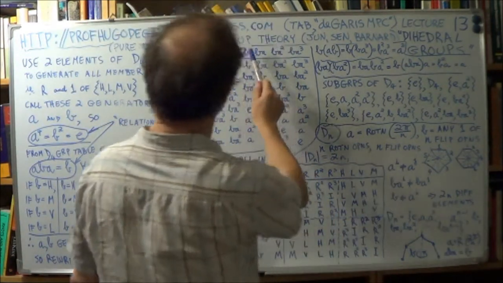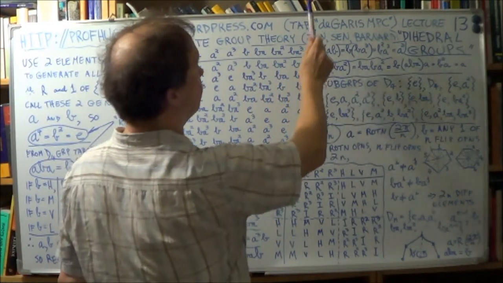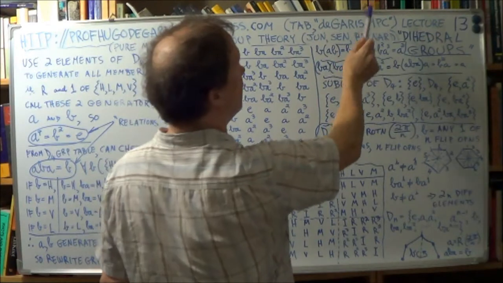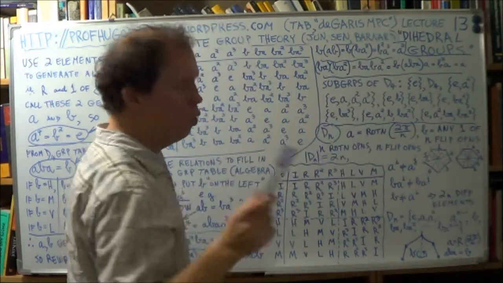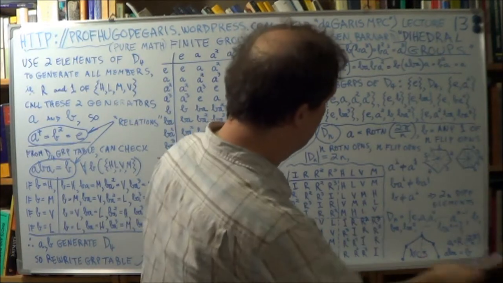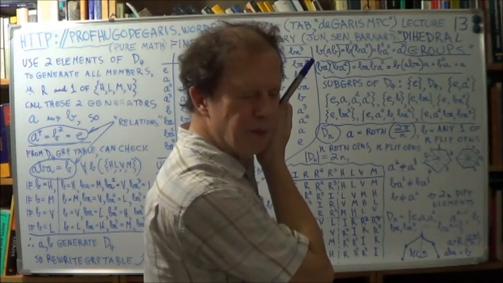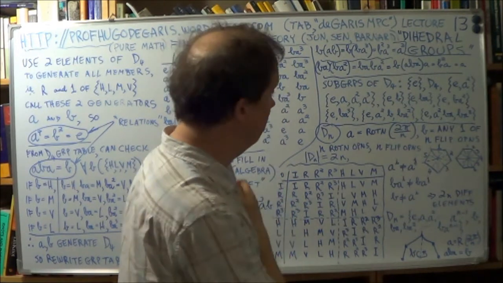Now, similarly, the B series, B, BA, BA squared, BA cubed, BA to the 4th, BA to the 5th, dot dot dot, BA to the n minus 1. They are also all different from each other. Okay? Now, you can prove that quickly. Assume the opposite. Let's do a reduction to absurdity type argument.